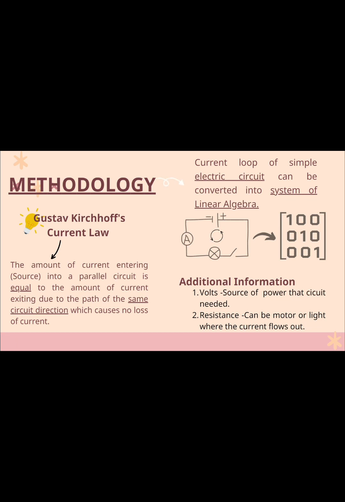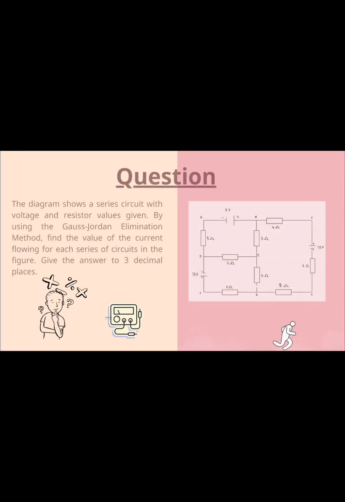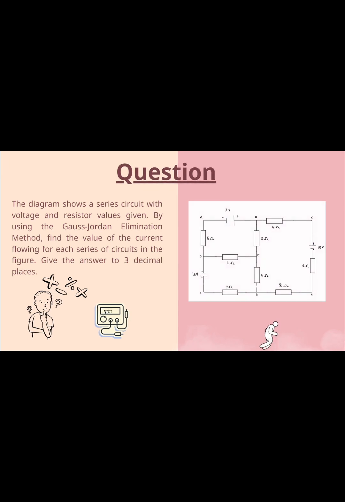For your information, a battery can be the source of the current loop or electric circuit, denoted as voltage or the V symbol. And also resistance can be a motor or light where the current flows out. And now let's take a look at the example question that has been given.